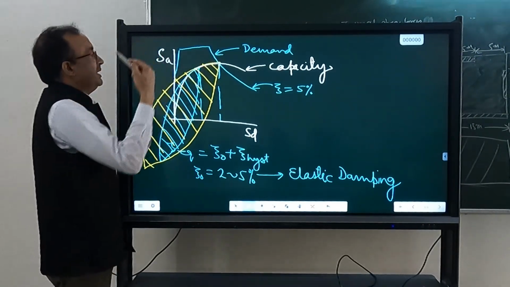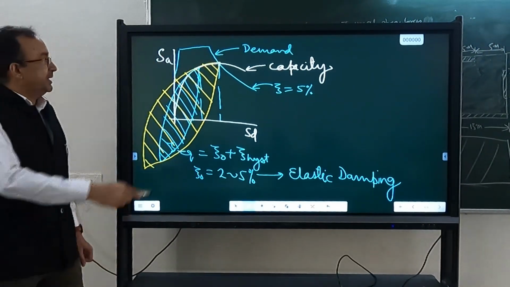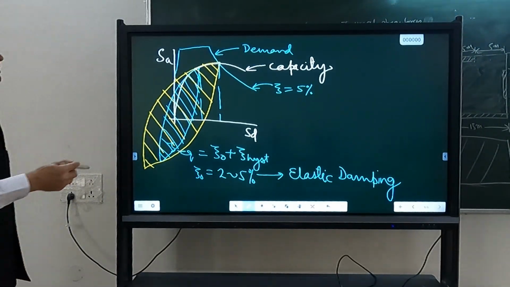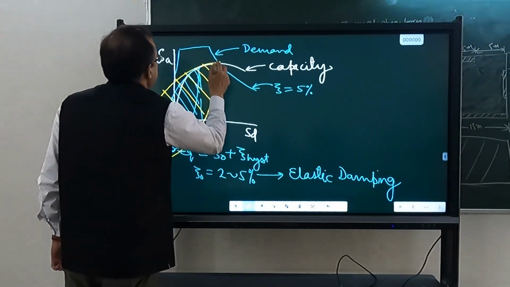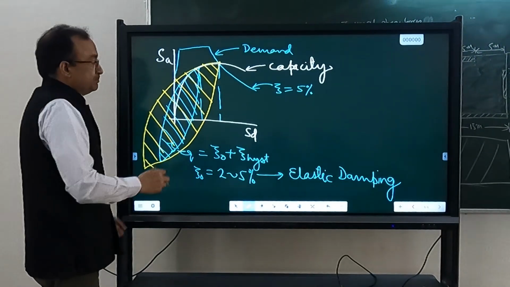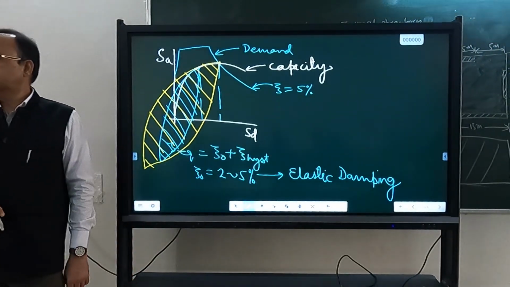This response spectrum I have plotted for 5%. So the damping in my structure is going to be more than 5%. So it is not justified to take this point. I should take the demand corresponding to the total damping or equivalent damping which is present in my structure.